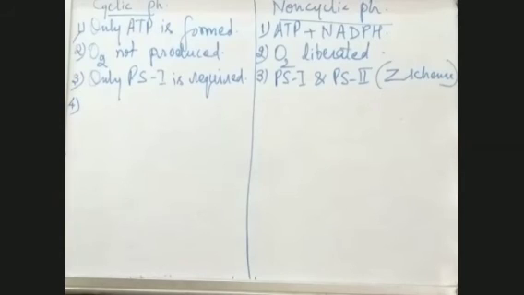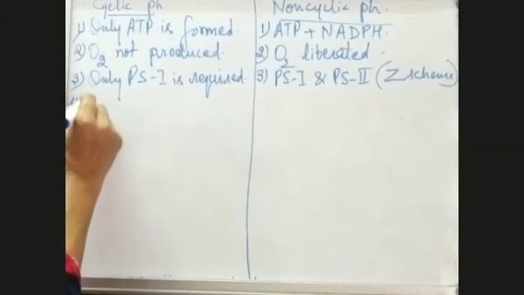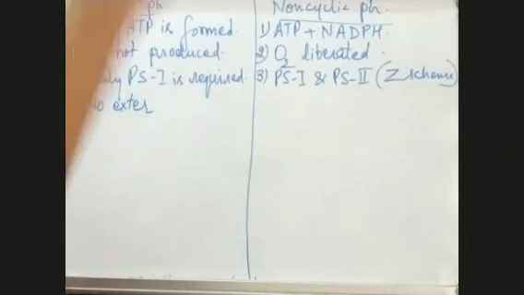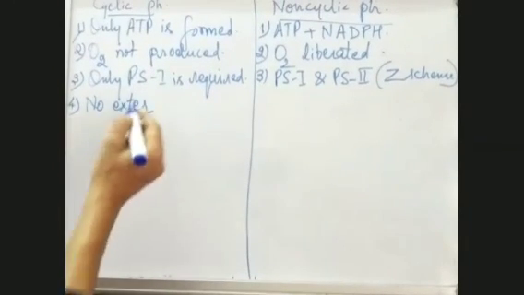Now, in cyclic photophosphorylation, no external source of electrons is present, as the same electron circulates and comes back to the reaction center.